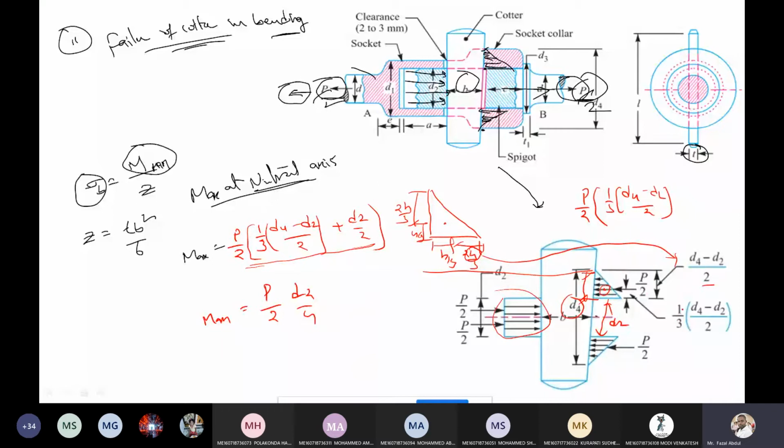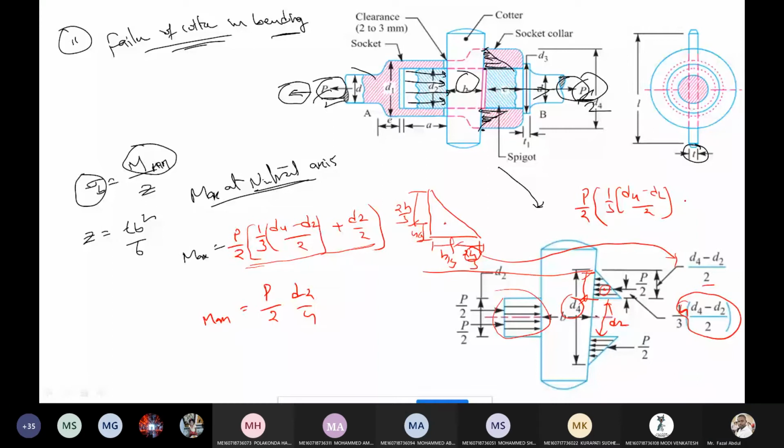See here, h by 3 means in place of h, I am writing this value. So 1 by 3 into, now the load is a uniformly varying load. So load into its distance, if I multiply, the point load is converted.